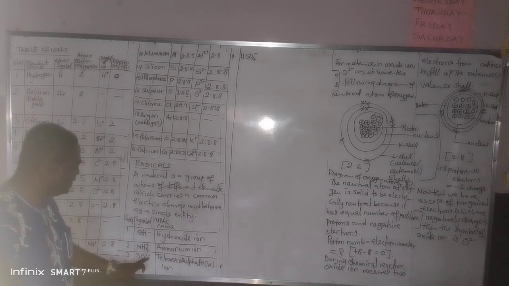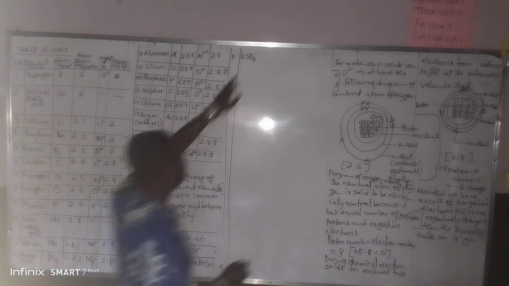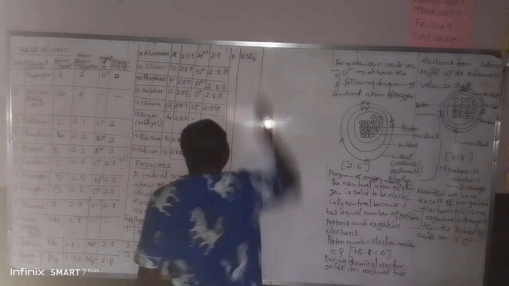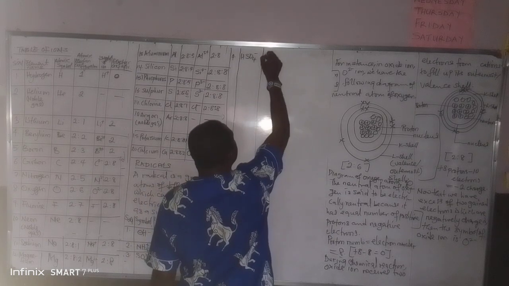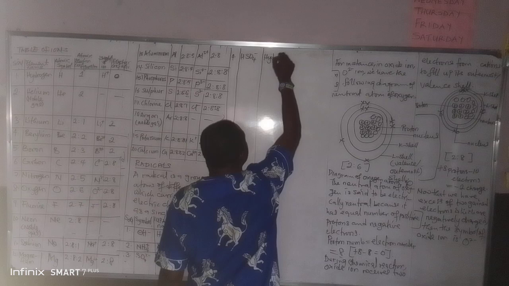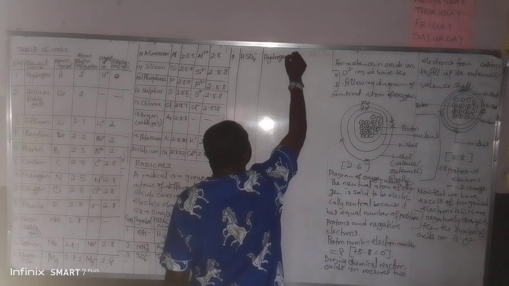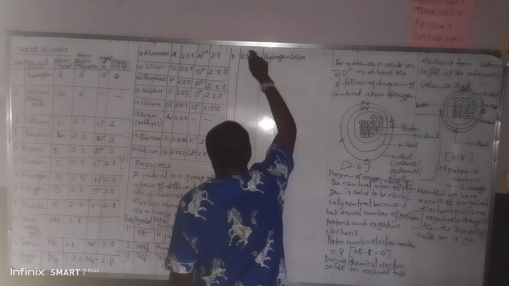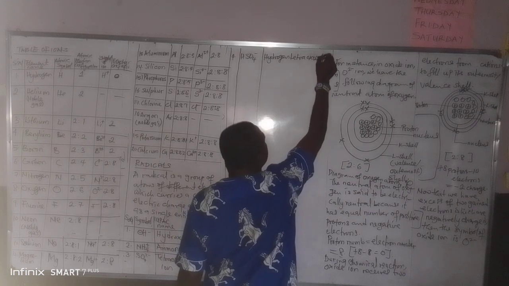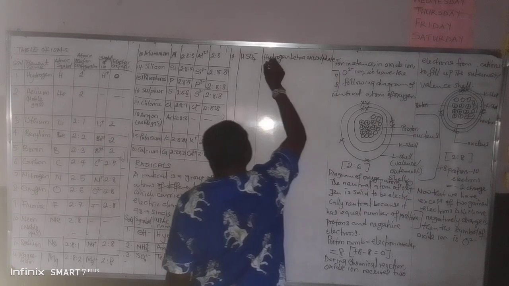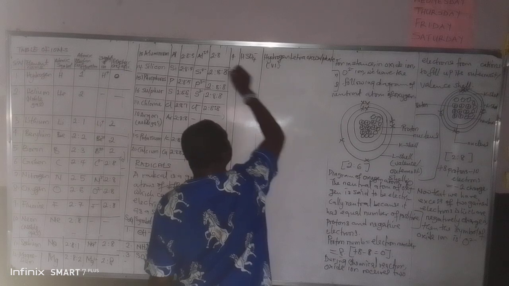But by the time we do that, the 2 minus will change to ordinary minus. And the IUPAC name becomes, you mention this one first, hydrogen, then this is tetra, this oxygen is oxo, this sulfur is sulfate, hydrogen tetraoxosulfate VI, it's still the same thing as sulfate VI.